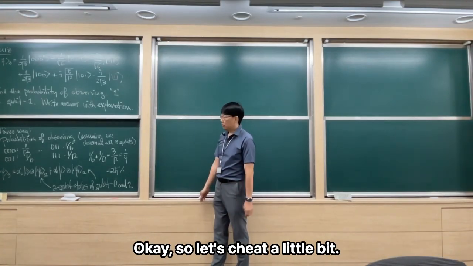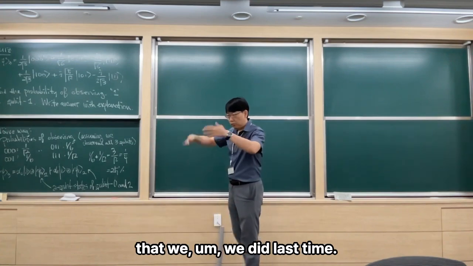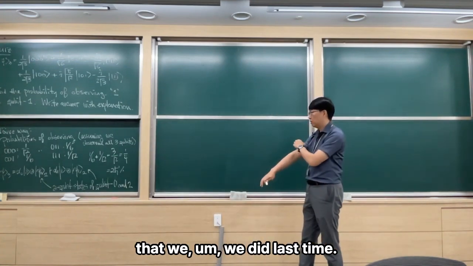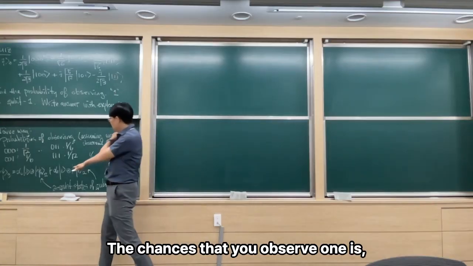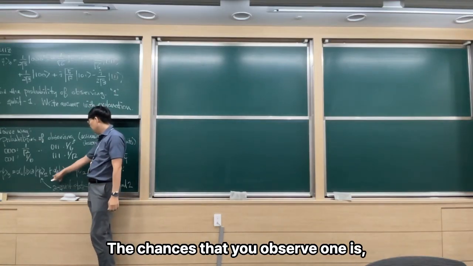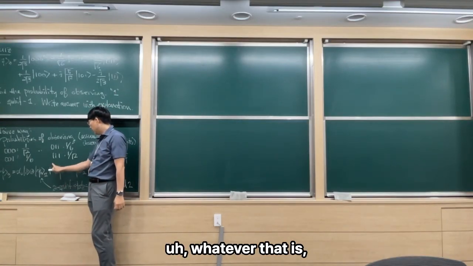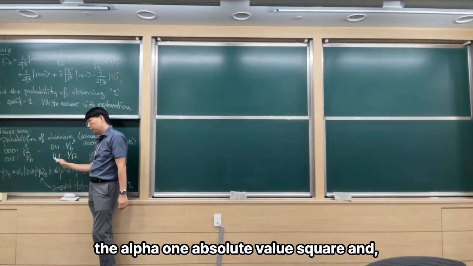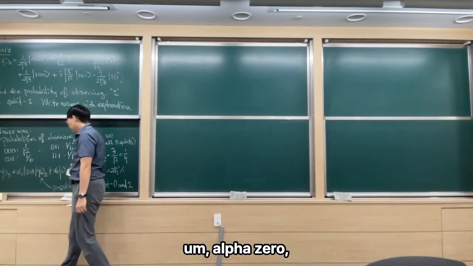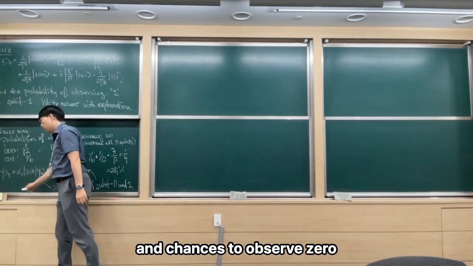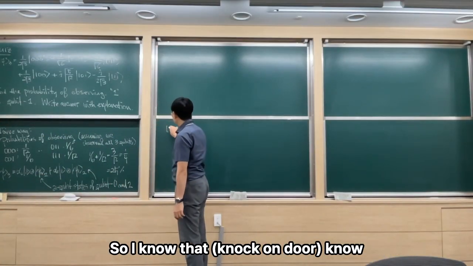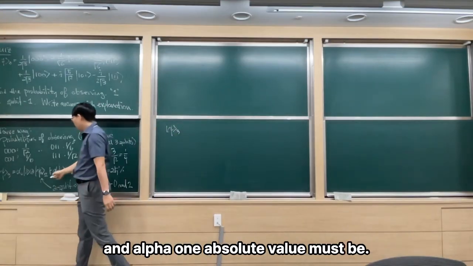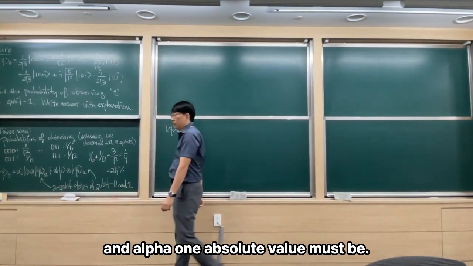Okay, so let's cheat a little bit. You can do those steps that we did last time, but let's cheat a little bit. As I said, the chances that you observe 1 is the absolute value of alpha 1 squared, and the chances to observe 0 on qubit 1 is the absolute value of alpha 0 squared. So I know already what the absolute values of alpha 0 and alpha 1 must be.